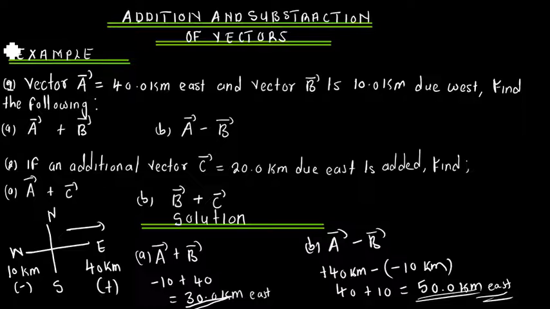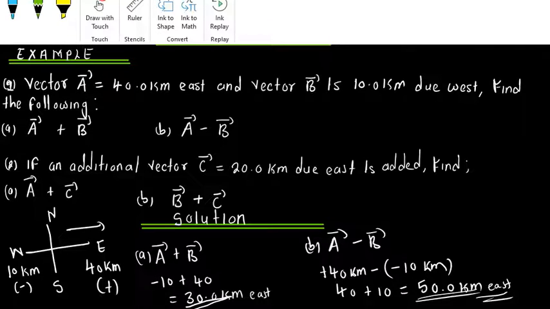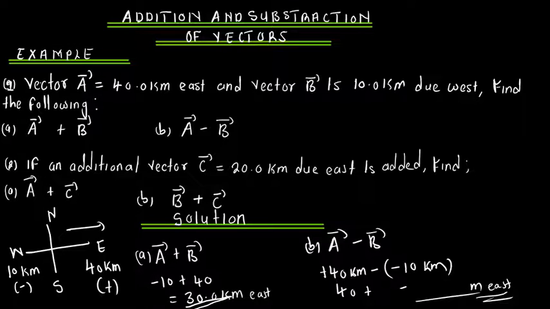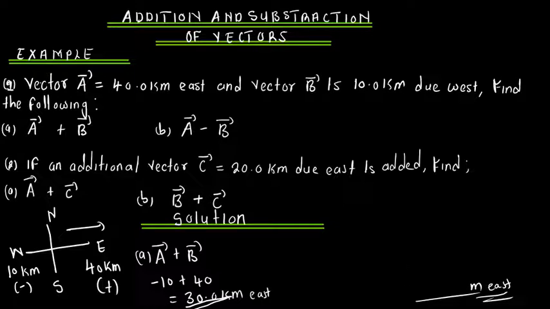The next question simply states, if a vector C of 20 kilometers east is added, find A plus C. Let me just try to grab the board. We see how we can solve this particular question. So vectors are very simple. It's just you having an understanding.